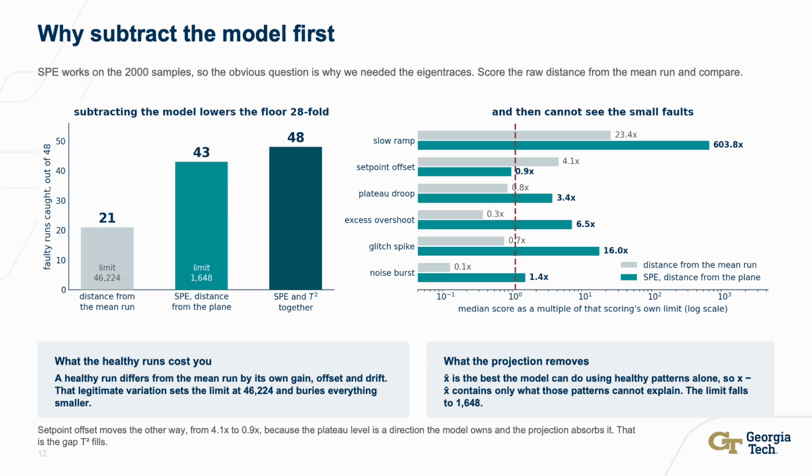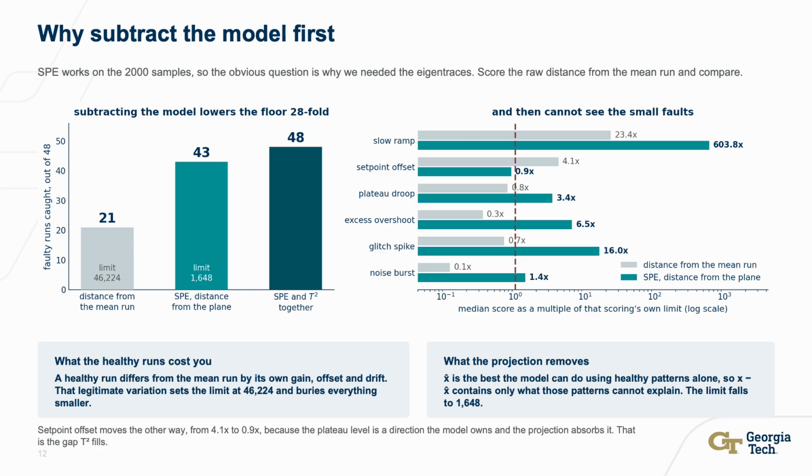X hat is the best the model can do with only the patterns healthy runs exhibit. So X minus X hat contains only what those patterns cannot account for. The floor drops by a factor of 28, and faults that were sitting underneath now come into view.